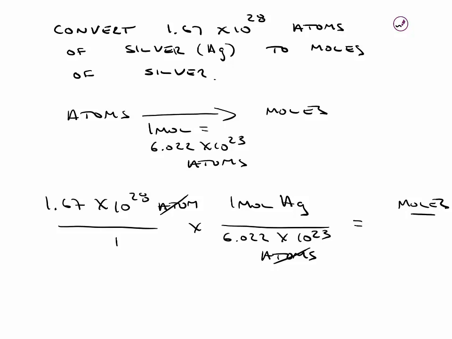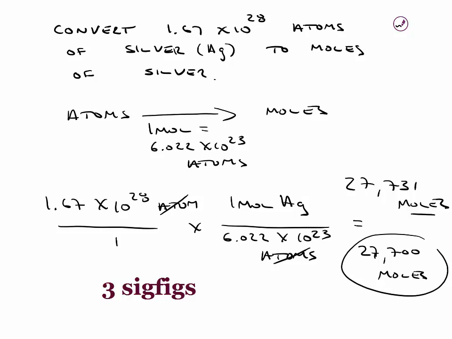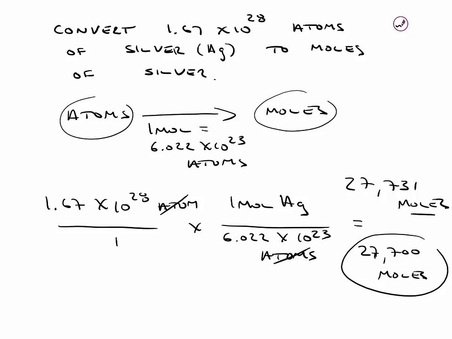And after dividing 1.67 times 10 to the 28th by Avogadro's number, 6.022 times 10 to the 23rd, I got 27,731 moles of our silver. And rounding that to 2 sig figs, I get 27,700 moles. So that's using Avogadro's relationship, 1 mole equals 6.022 times 10 to the 23rd atoms, to go back and forth between moles and atoms in those 2 previous examples.